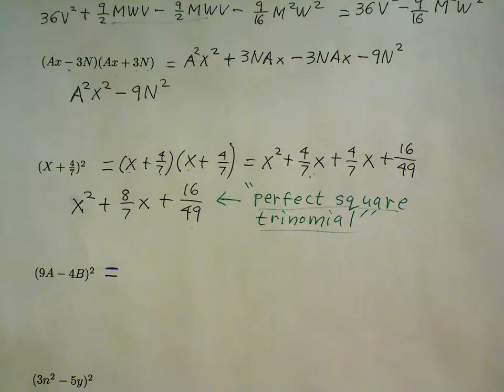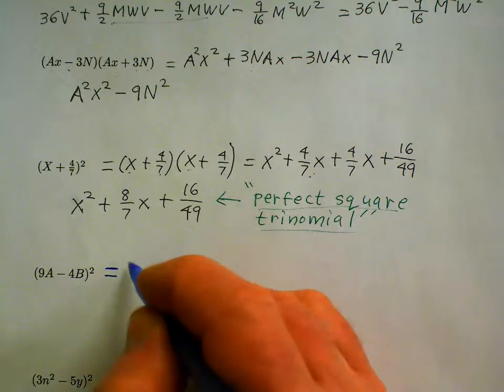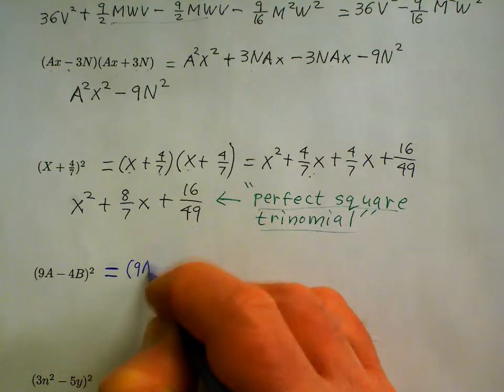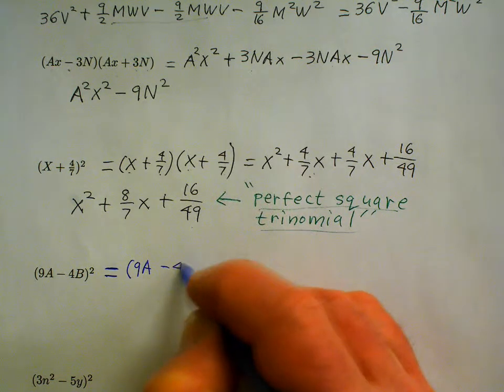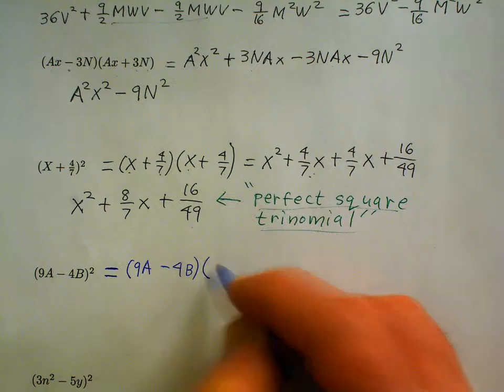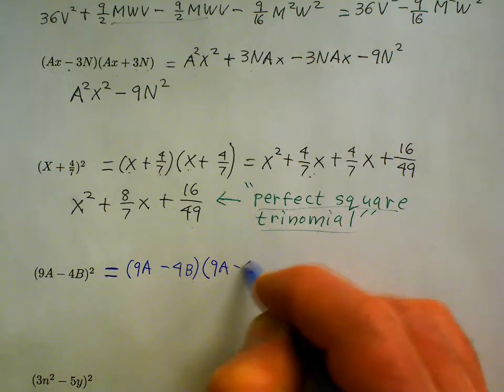What does it mean to square something? It means to multiply that something by itself. So when we square the binomial 9a minus 4b, we multiply 9a minus 4b times 9a minus 4b.